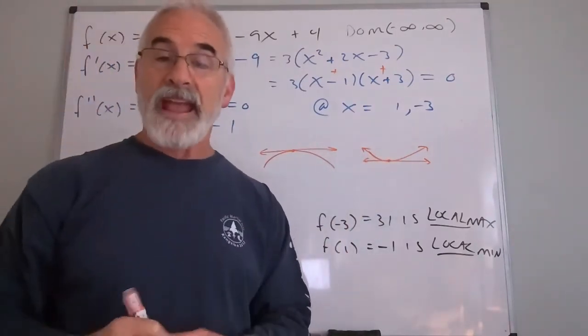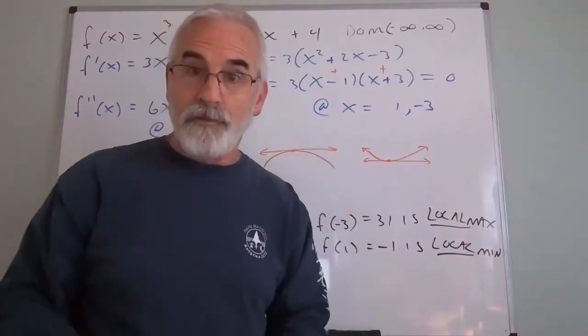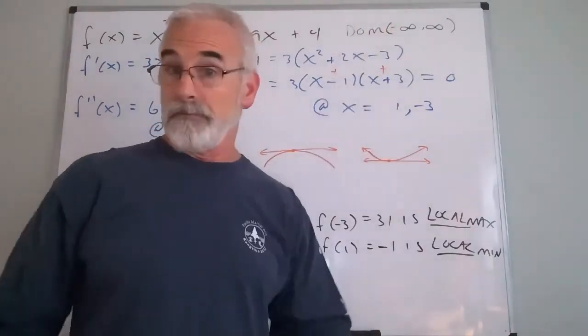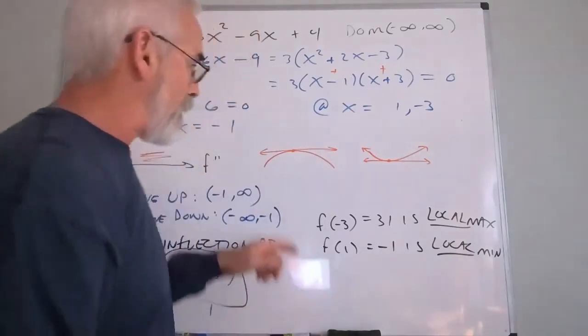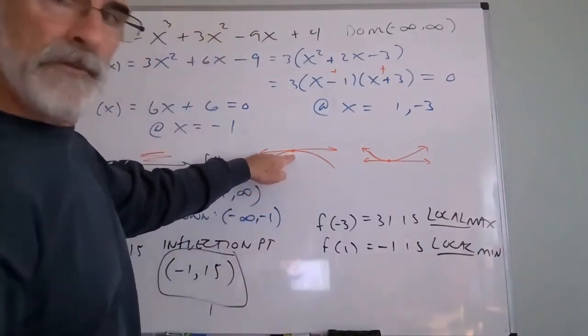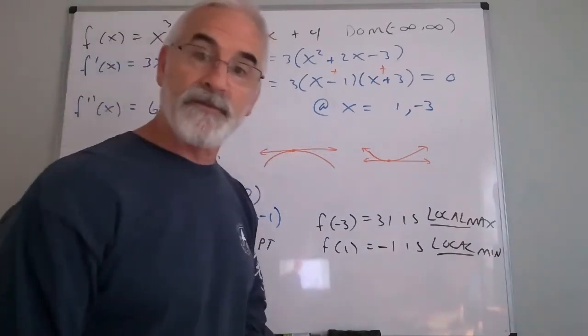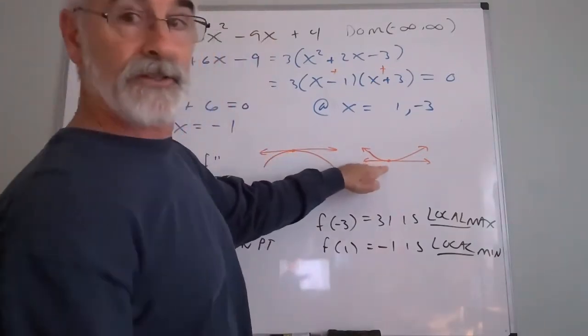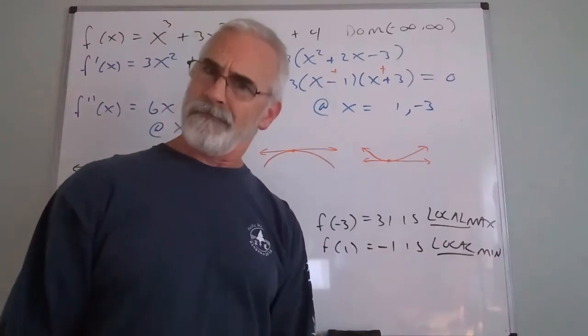Again, negative second derivative means I'm bending down. Positive second derivative means I'm bending up. It's actually that simple. So if my second derivative was negative at a horizontal tangent, that means I have a max. If my second derivative is positive at a horizontal tangent, that means I have a minimum. That's interesting.